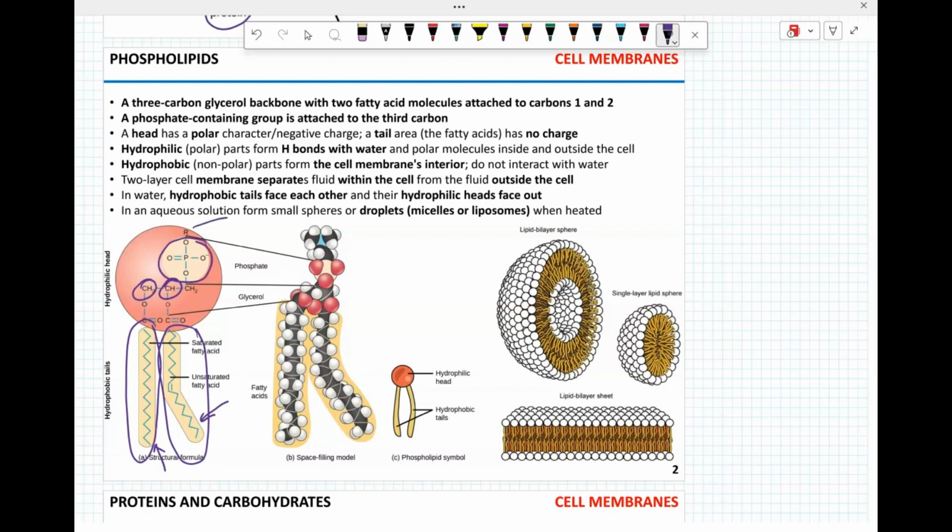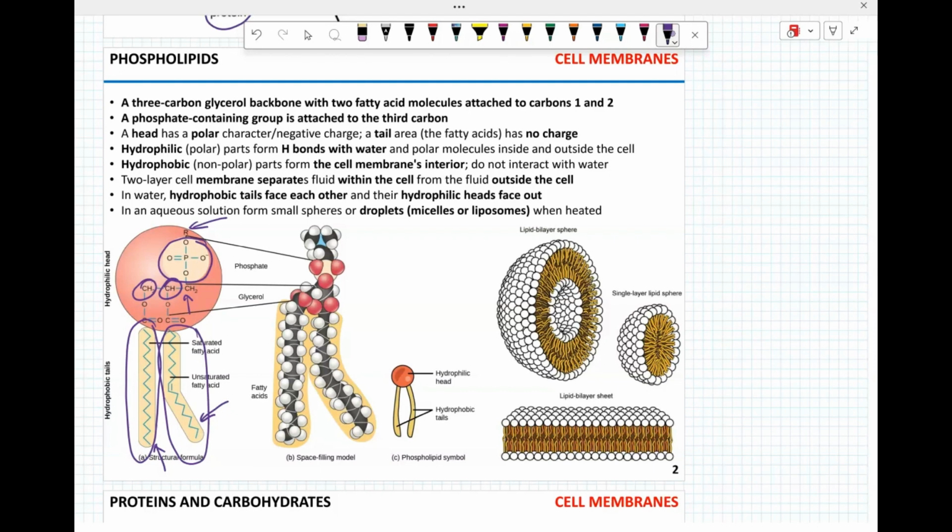Phosphate group with the substituent R, which can be of different sorts. For instance, ethanolamine is attached to the third carbon of glycerol.